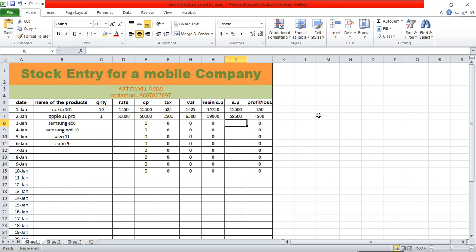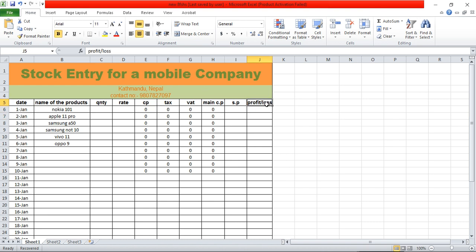The scenario must be, if there is profit, then it should show the amount in profit and zero in loss. If the condition is loss, then the amount should show in loss and zero in profit. For that, what we need to do is just remove this calculation, and let me remove this amount also, and let's start with the conditions.